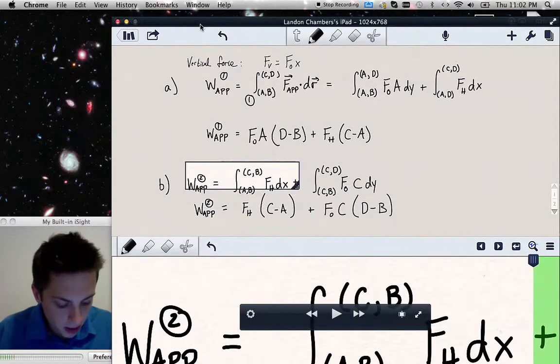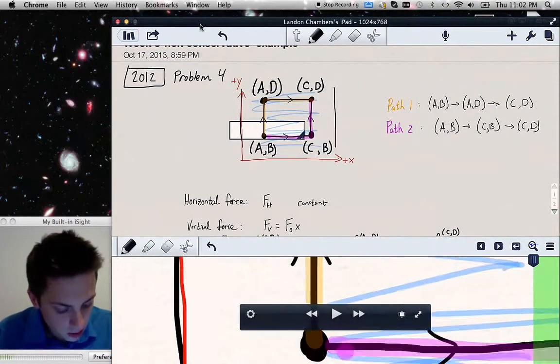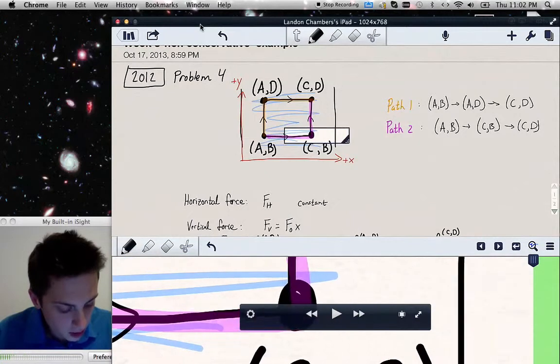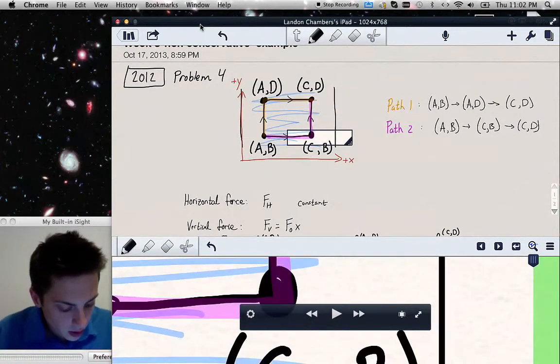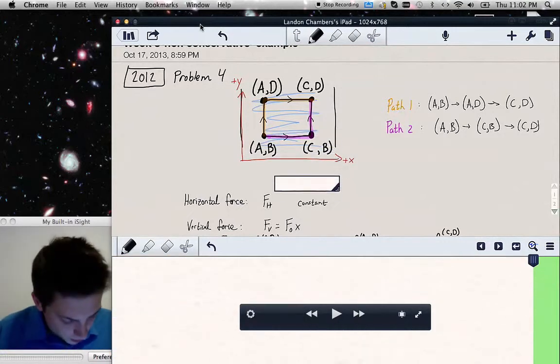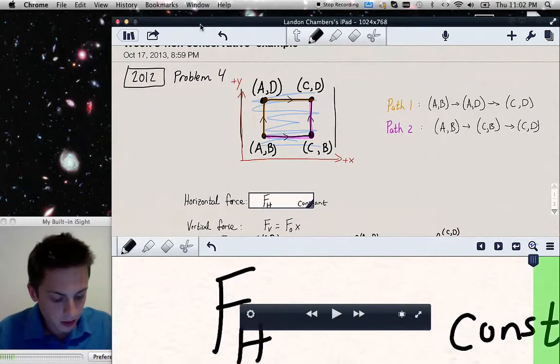Now how about path 2? So what's path 2? Well, path 2 is this pink path, which goes from AB to CB, and then from CB to CD. And so, from AB to CB, we have a horizontal force of FH.